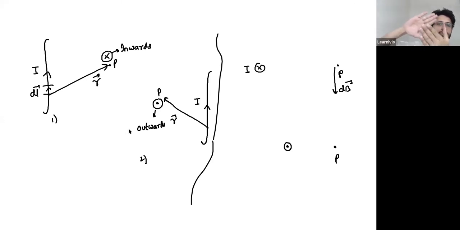You just have to worry about the finger and where to curl. The thumb will set according to the direction of the magnetic field. Just worry about placing your finger along the current, and worry about curling towards the point. Is it upwards? Yes, upwards is correct. Very good.